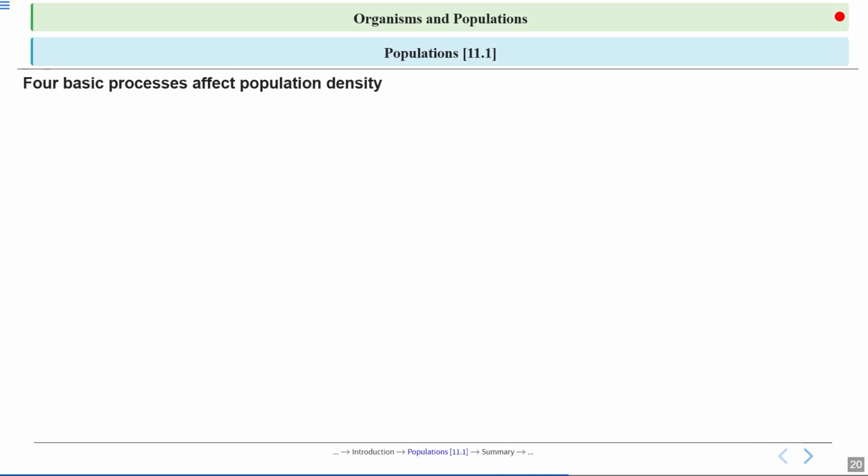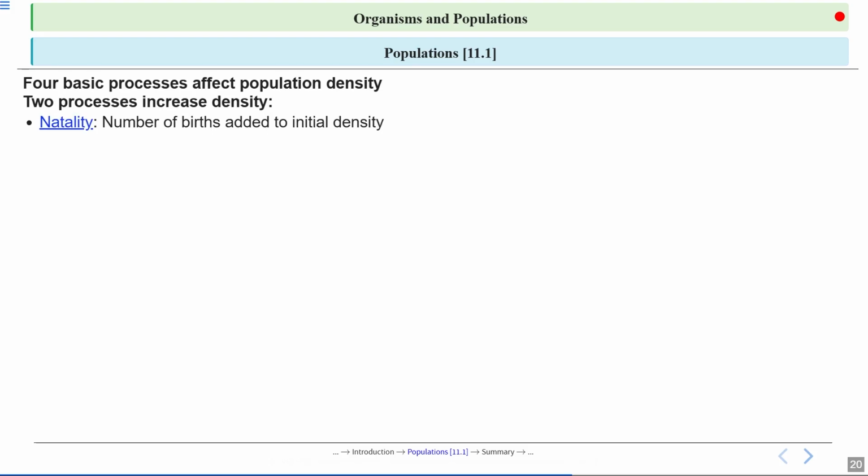Now, four basic processes affect population density. First of all, let's talk about two processes that increase the density. First one is natality, which refers to the number of births added to the initial population density.